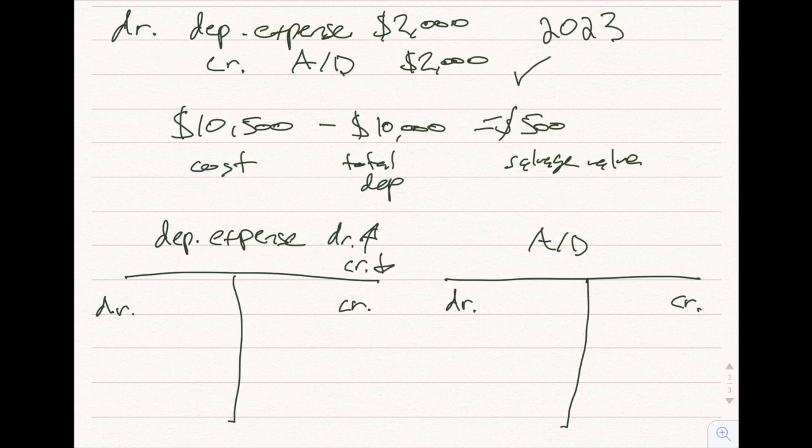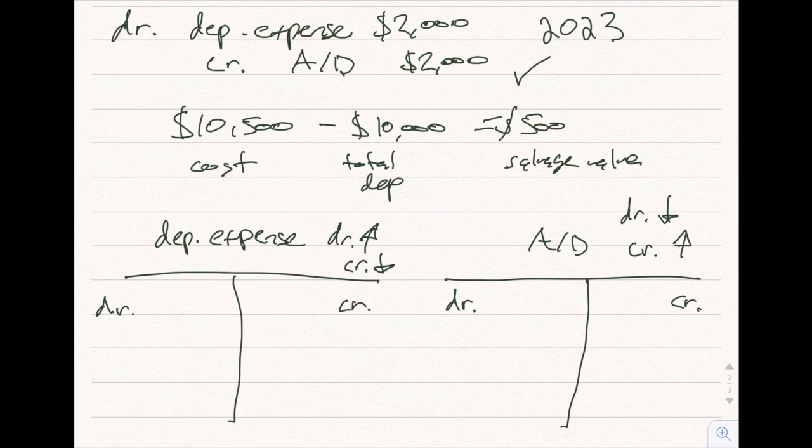Accumulated depreciation is a contra to assets, the asset being equipment, so it's a contra asset. It operates the opposite way, so we debit an asset to increase it, we credit an asset to decrease it. Accumulated depreciation is going to be the opposite. So if you're debiting it, that means you're decreasing the account. If you're crediting it, that means you are increasing the account.